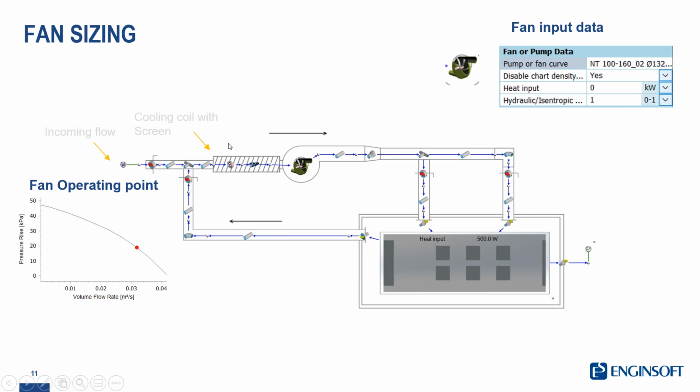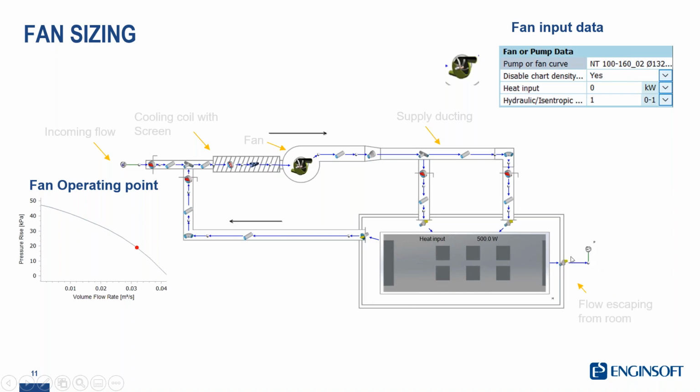Here you have another example to follow. You have an incoming flow, a cooling coil, the fan, and the supply ducting. In this case, there is an industrial HVAC system that is feeding a data center. So you have also an input here, due to the different servers and machines inside the data center. And then you have the way out.